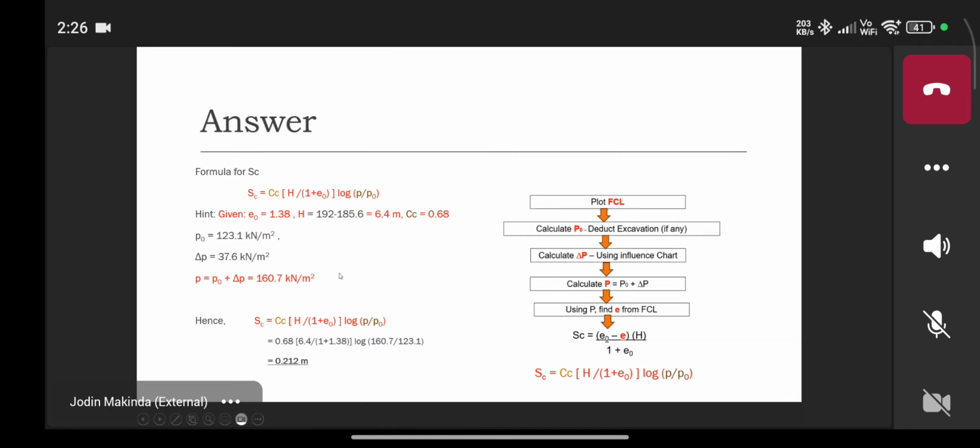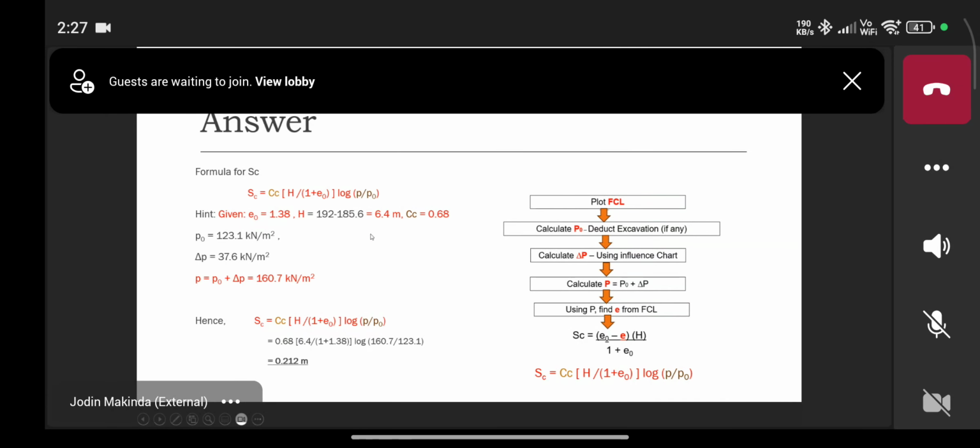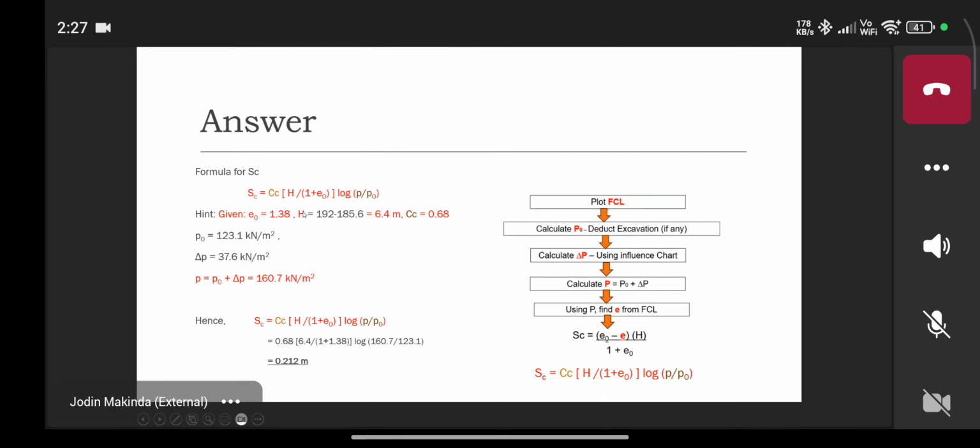After the loading, the stress is 1 to 3 plus 37.6 stress increment. So the total is 160.7.